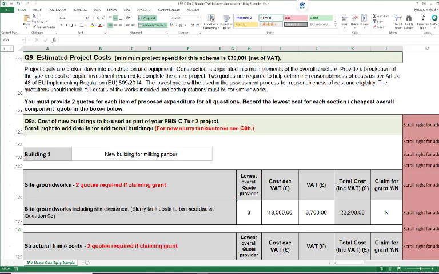The lowest quotation should be used when recording the estimated project costs, and you put a quotation number in to say which one that relates to. The quotations must be recent, not more than 6 months old, be on supplier's headed paper, be dated, and include the supplier details. After the scheme opens, Annex B of the explanatory booklet will detail this extensively.